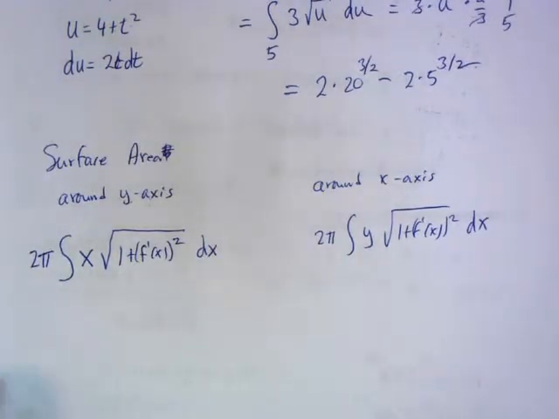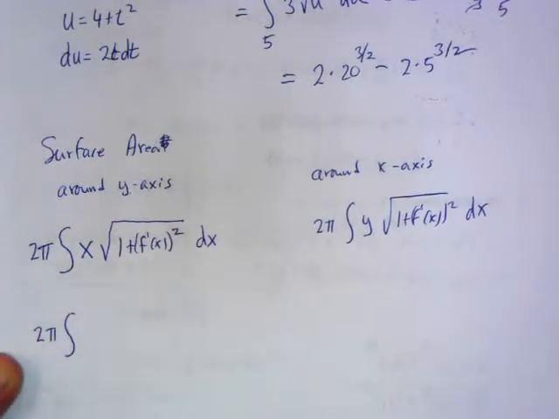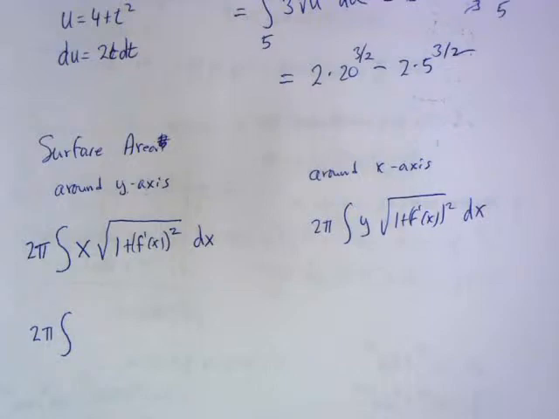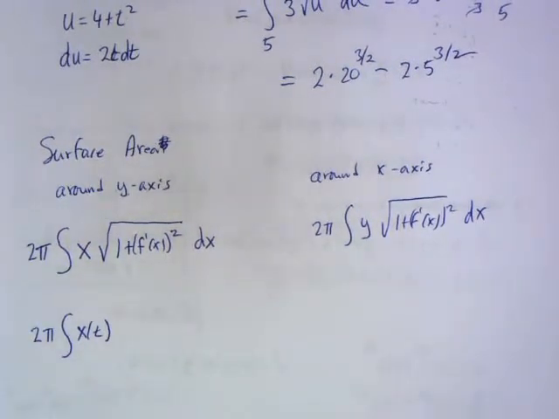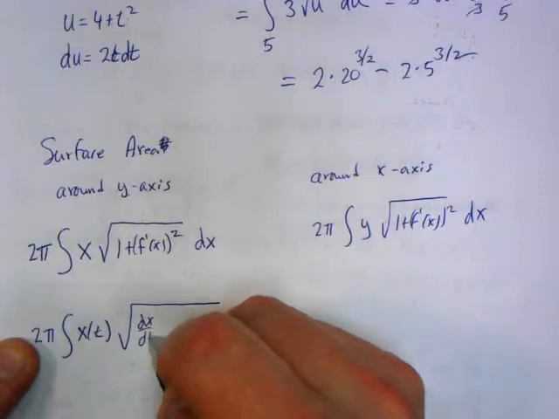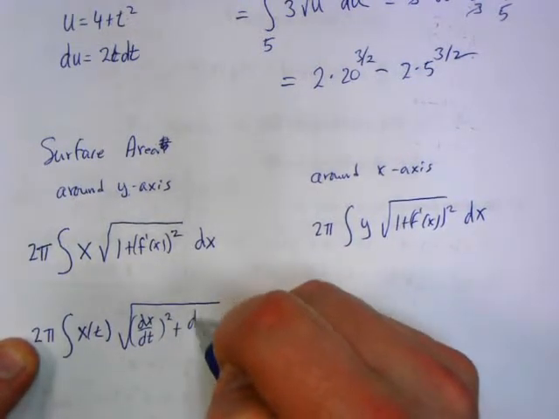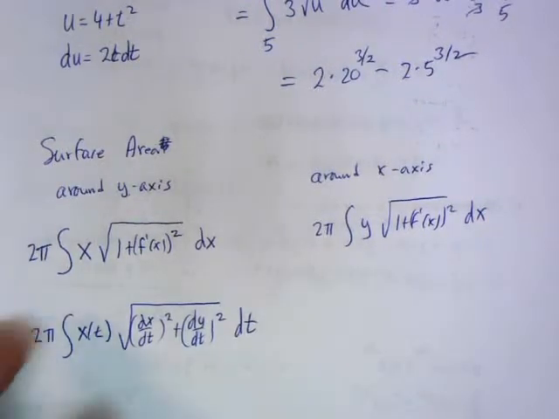So in parametric form, that's going to be 2 pi integral x of t, whatever that function x is, square root of dx dt squared plus dy dt squared dt.